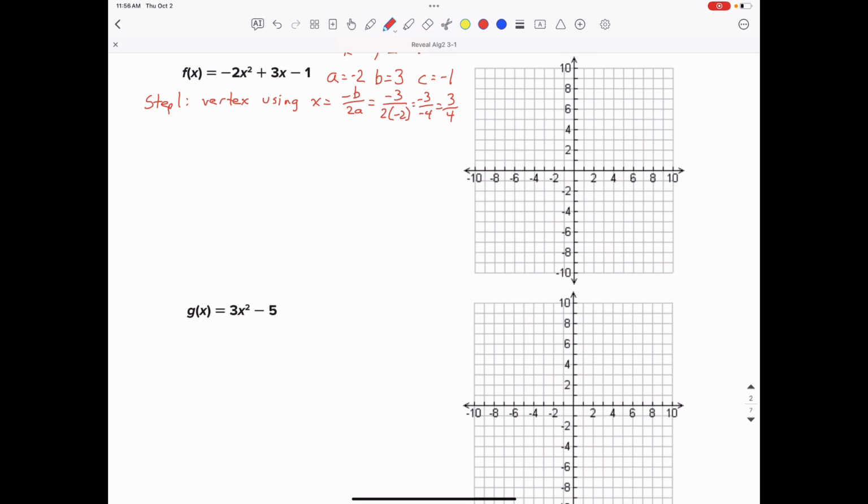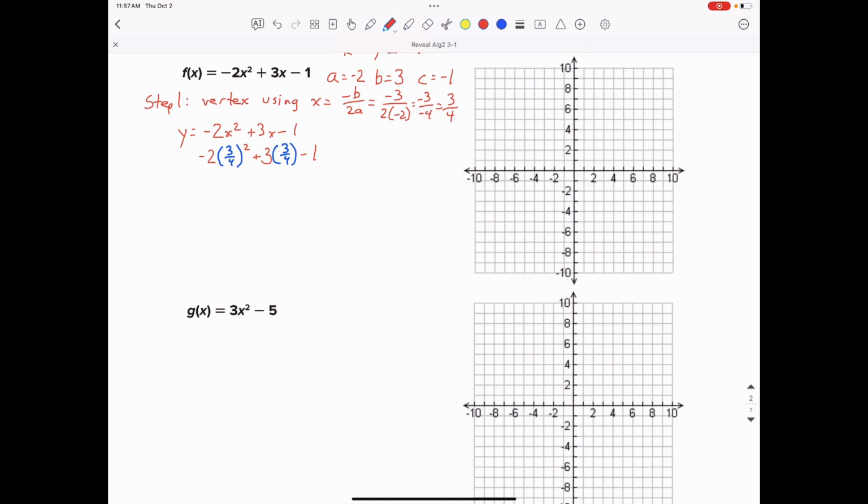So to find the y value of the vertex, the original function says f of x, but that's the same as y, is negative 2x squared plus 3x minus 1. So I'm going to replace the x's with 3/4, so that it becomes negative 2 times 3/4 squared plus 3 times 3/4 minus 1.